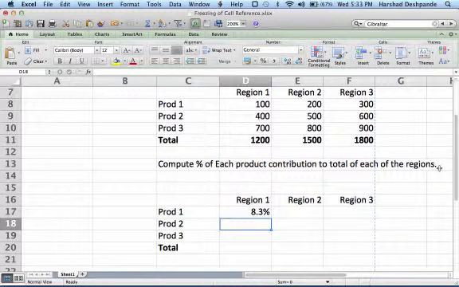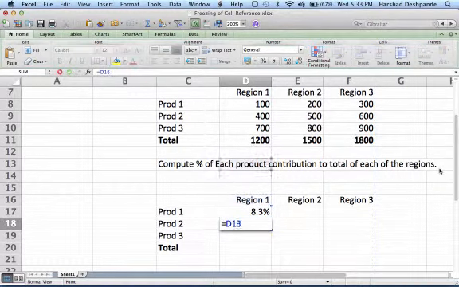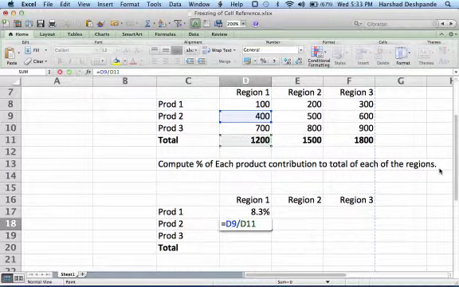Having done this, your next step is going to be equal to 400 divided by 1200. As I am performing this operation, I see that every time I am doing the computation in one column, in this case it is column D, I am always dividing it by the same number 1200. So there is a repeat use of denominator in the total calculations.